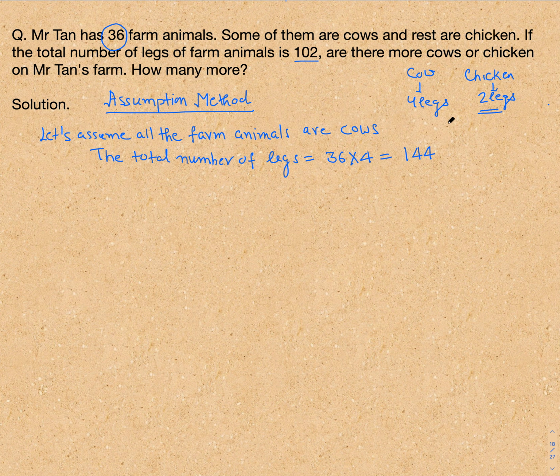So obviously our assumed legs should be more than the actual total number of legs on the farm, because we have assumed all the animals are cows, and cows have 4 legs, more than the chicken.